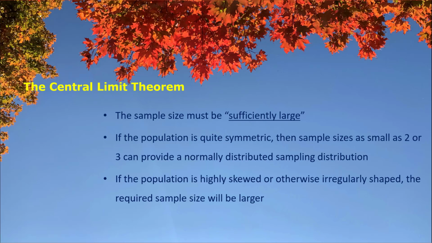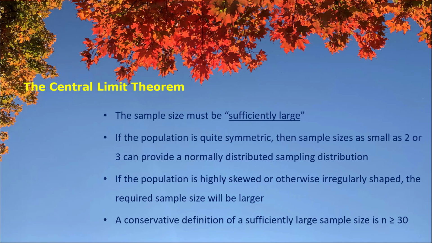If the population is highly skewed or otherwise irregularly shaped, the required sample size will be larger. A conservative definition of a sufficiently large sample size is normally considered to be bigger than 30.